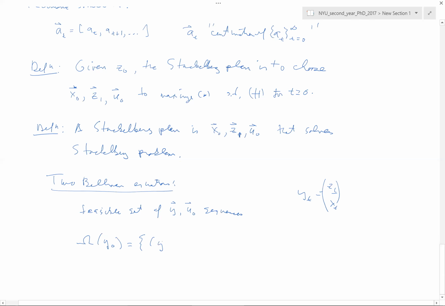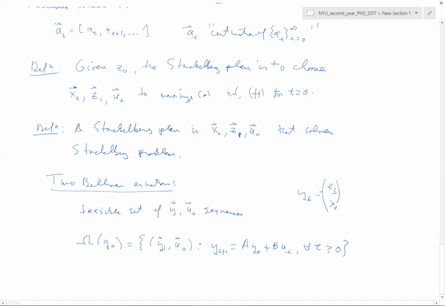This is the set of continuations that look like this, that pair of continuations subject to Y_{t+1} = A Y_t + B U_t for all t greater than or equal to 0.